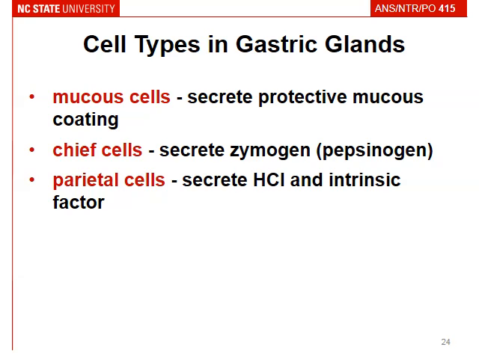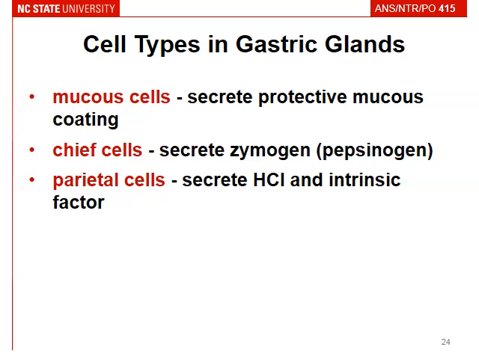And the next set of cells we refer to as chief cells. These chief cells are secreting the zymogen, pepsinogen. A zymogen is an enzyme that is inactive when it's first released. So chief cells secrete the zymogen pepsinogen.